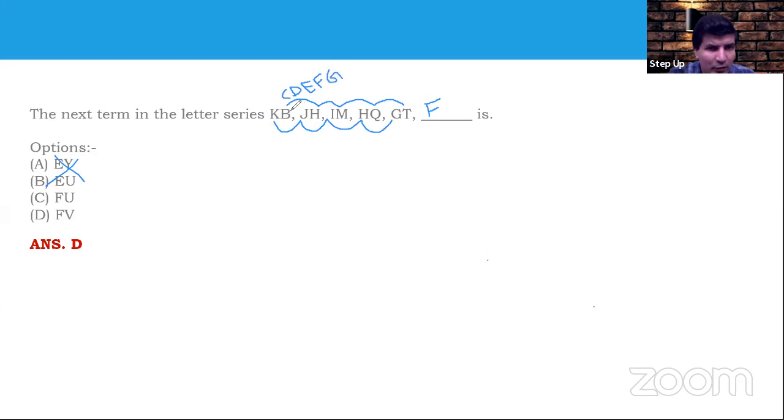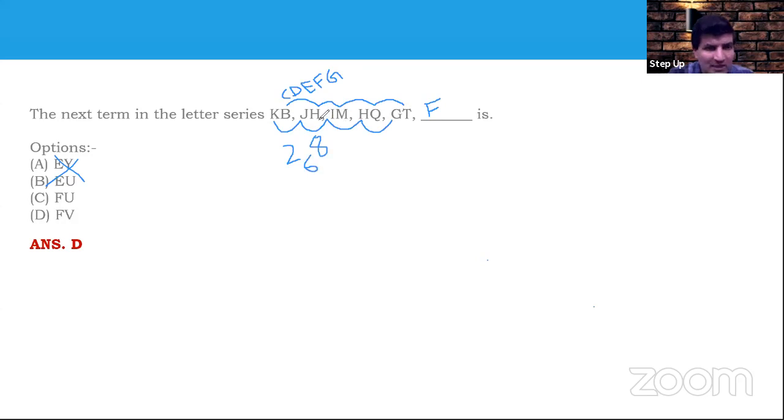From B to H, it's jumping C, D, E, F, G. That means B's place value is actually 2. H's place value is how much, guys? A, B, C, D, E, F, G, H. It is 8, meaning initially it jumped by 6.